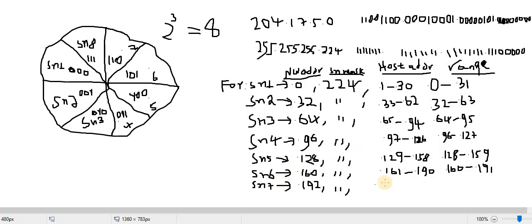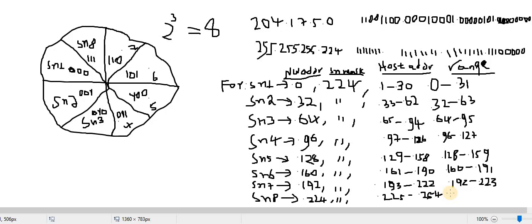For subnet 7, 110 and all zeros is 192. Host addresses in this subnet will range from plus 1, which is 193, up to 222, because the broadcast address will be 110 and 5 ones, which is 223. So minus 1, 222. For subnet 8, the last subnet, the network address will be 3 ones and 5 zeros, which is 224.